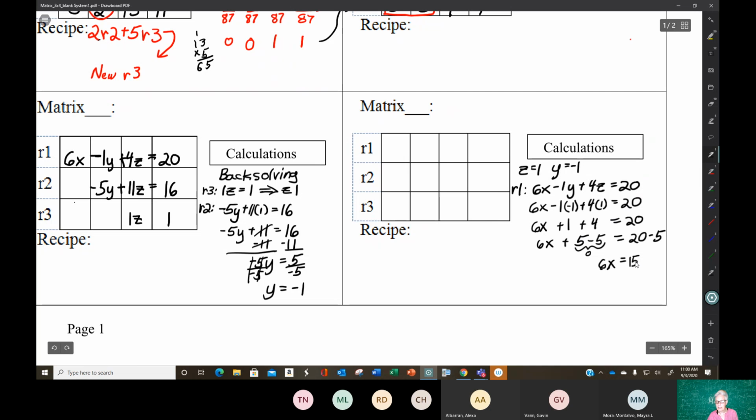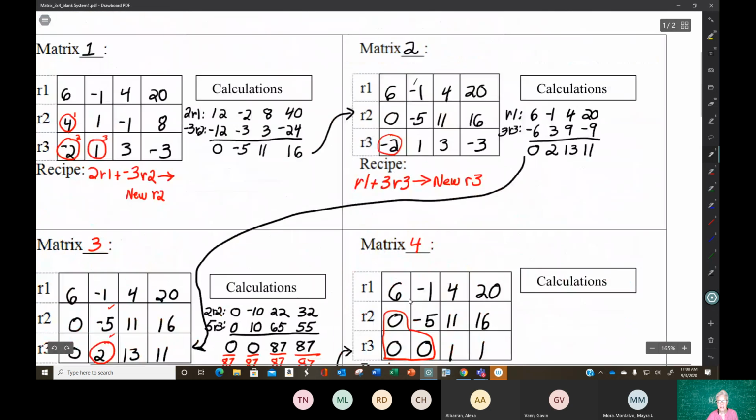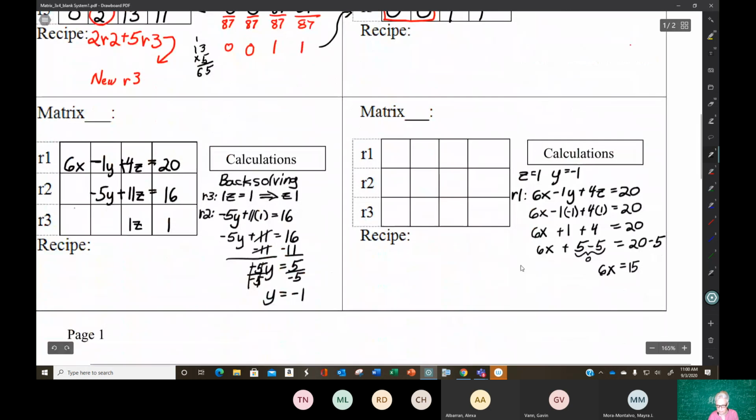I've got 6x, now it's not negative 6, is it? I want it to be right. Okay. Divided by 6, divided by 6.